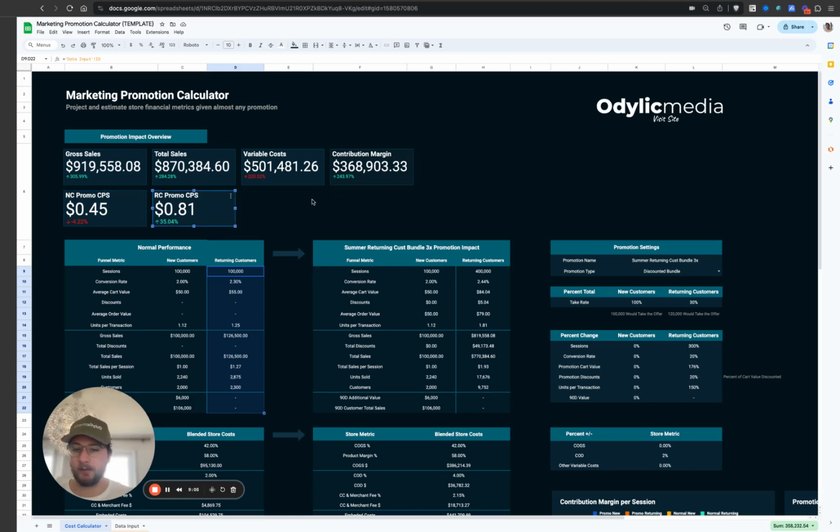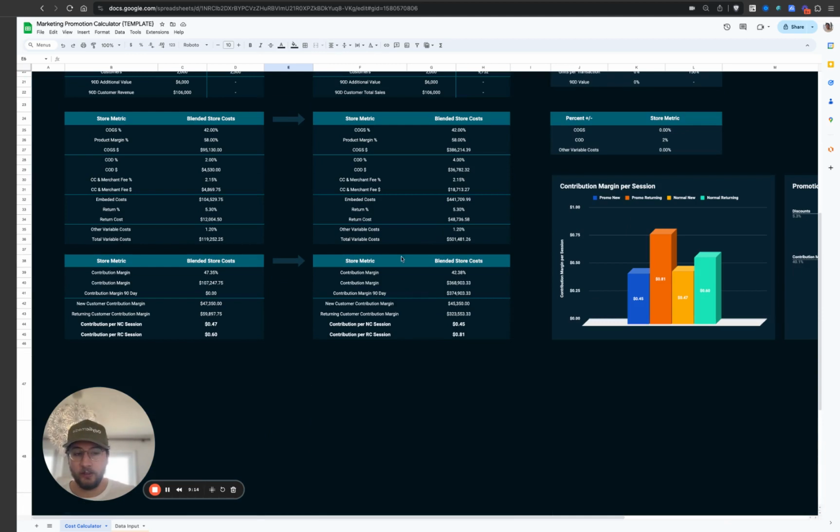And our returning customer promotion contribution margin per session increases a little bit, again, mostly due to that higher AOV. So what we could assume if we did our research properly and we put these numbers in with our best estimates is that this would actually be a promotion worth doing if we wanted to drive more contribution margin from our returning customer cohort.